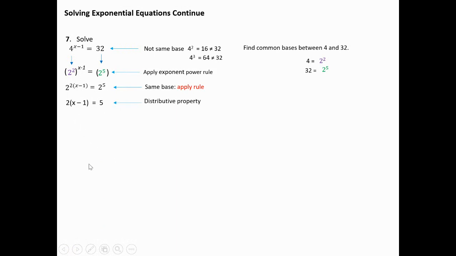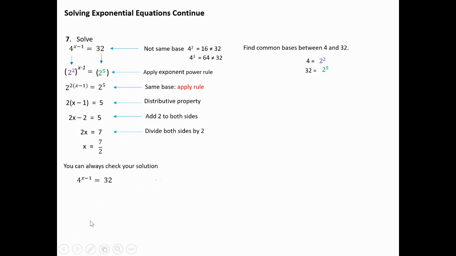We're going to distribute. It'll be 2x minus 2 equals 5. We're going to add 2 to both sides, so 2x equals 7. We're going to divide both sides by 2. x equals 7 over 2. And again, we can always check our work. So let's check it. x was 7 over 2, so I'm going to plug in 7 over 2 for the x's.